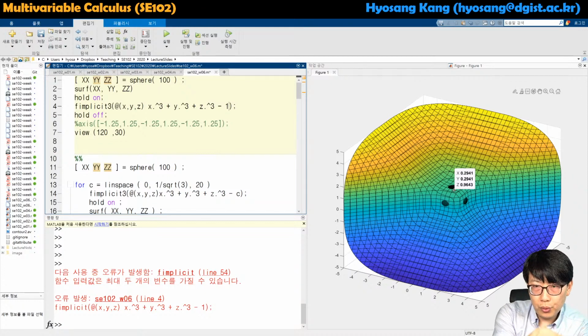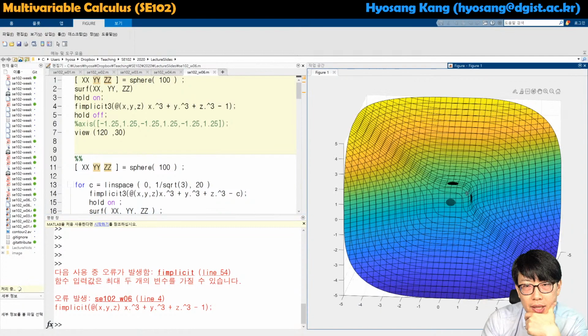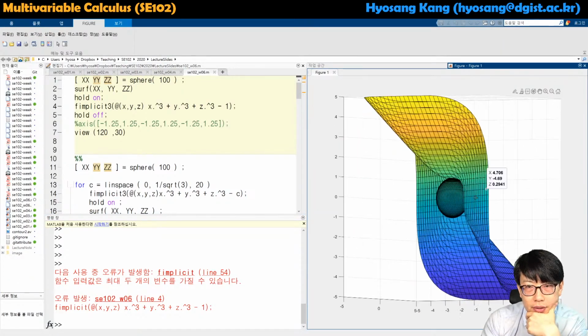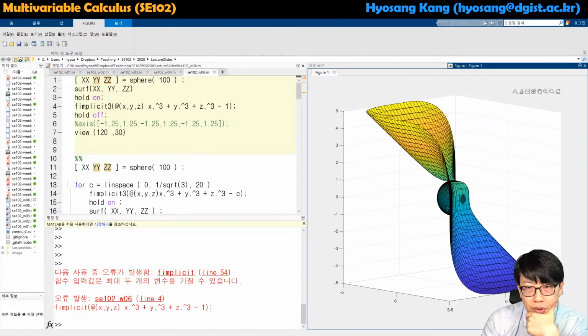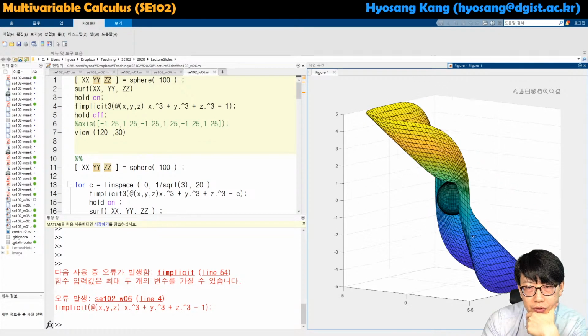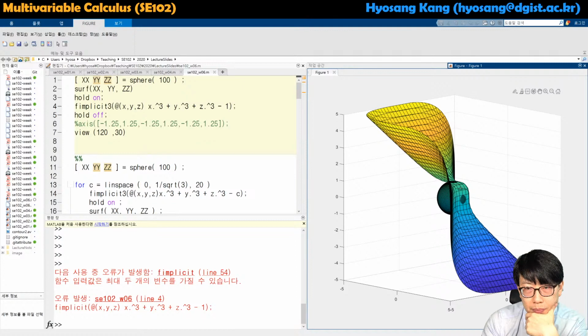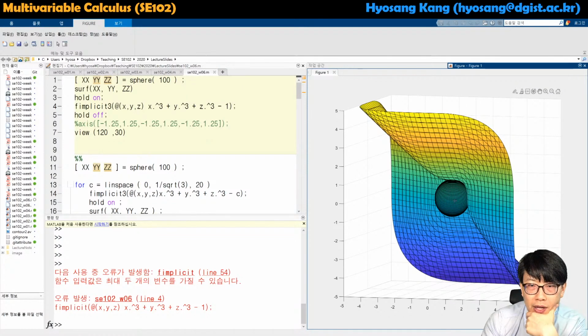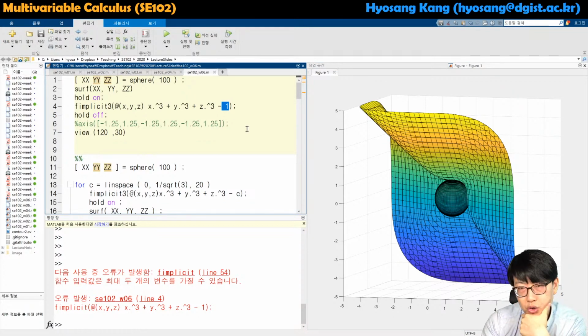There's a point where 2 surfaces are touching each other. There are actually 3. At these 3 touching points, these are common points of these 2 surfaces, which means that at these 3 points, the value of function f equals 1, and the value of function g also equals 1.